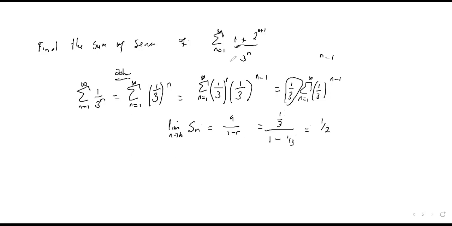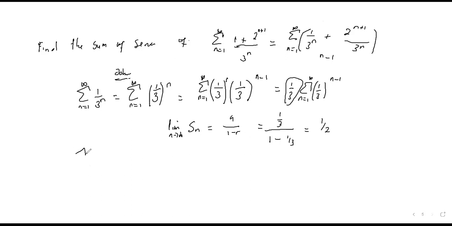So that was just for the first piece, because we had to separate these as the sum as n equals 1 to infinity of 1/3 power n plus 2n over 3n, and then you split the sum because it's a sum. So now what about the second one?